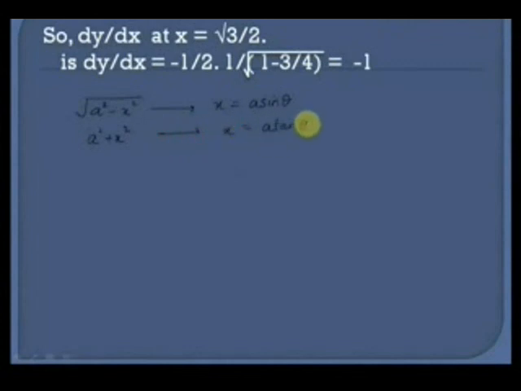And if we have any function of the form (1 plus x) divided by (1 minus x), then substitute x equal to cos of 2 theta. So these are the substitutions which we can make to reduce the complex form of a function to a very simple one, which becomes very easy to differentiate.